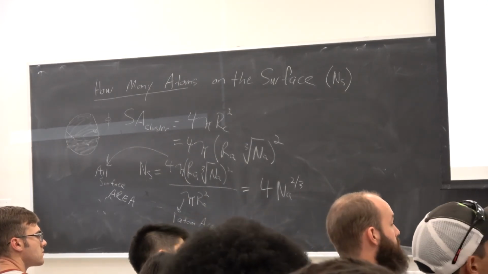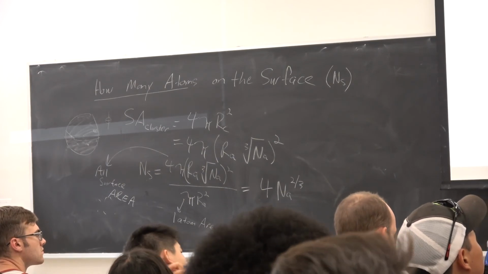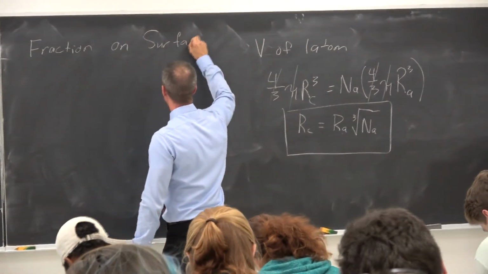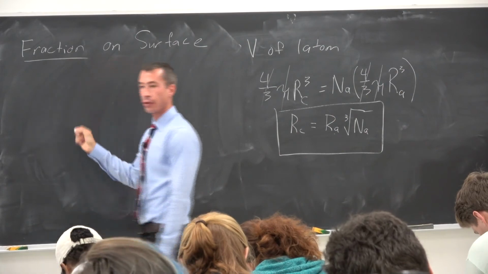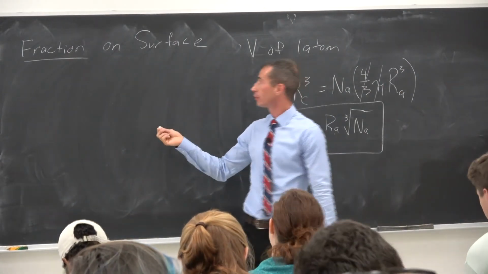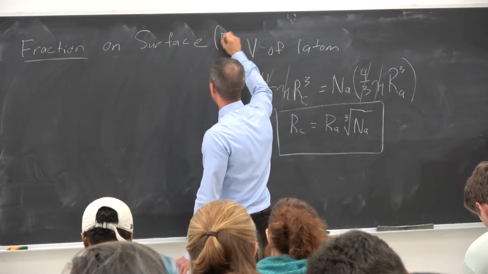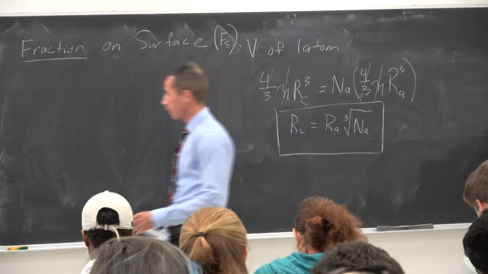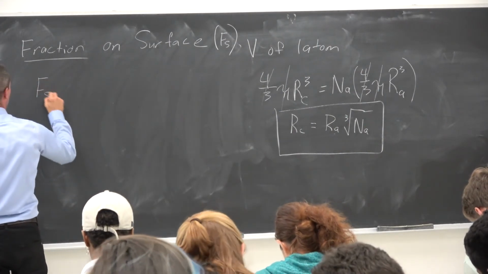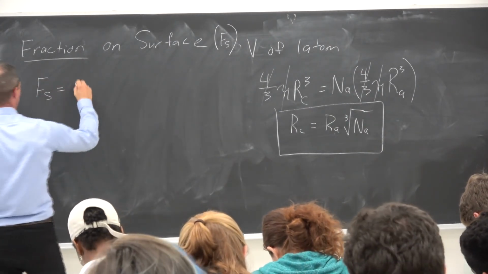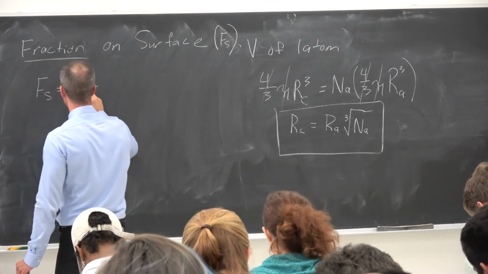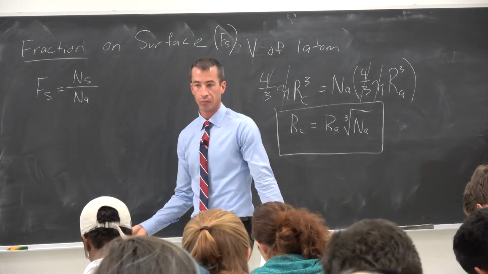Okay, one more question. What about the fraction? Just a slightly different question. That's the number. This is the fraction. Let's call it Fs. So Fs is very easily the number on the surface over the number total, right?